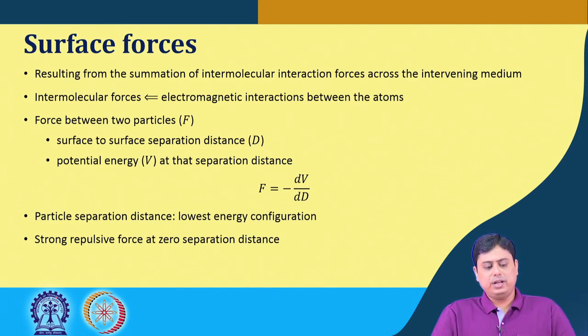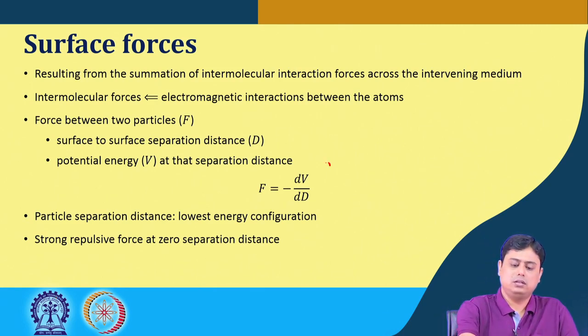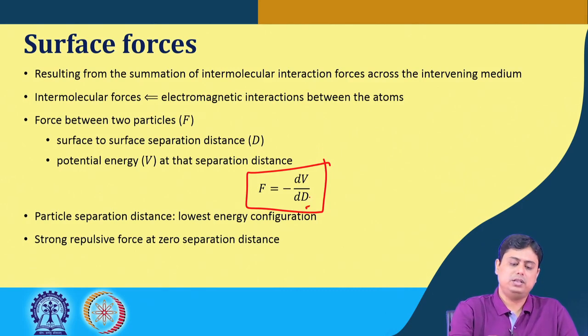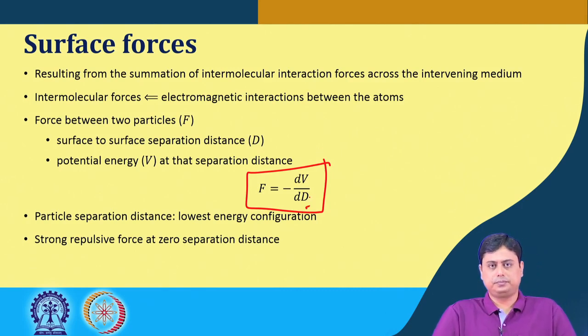So, generally a force between two particles is dependent on the surface to surface separation distance and the potential energy at that separation distance, and the relation between these is this expression: the force is equal to minus dV by dd, the derivative of the potential energy, where d stands for the separation distance.